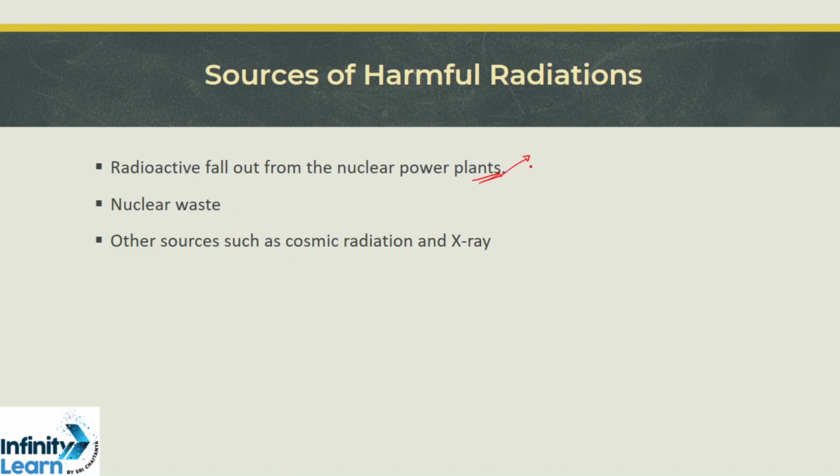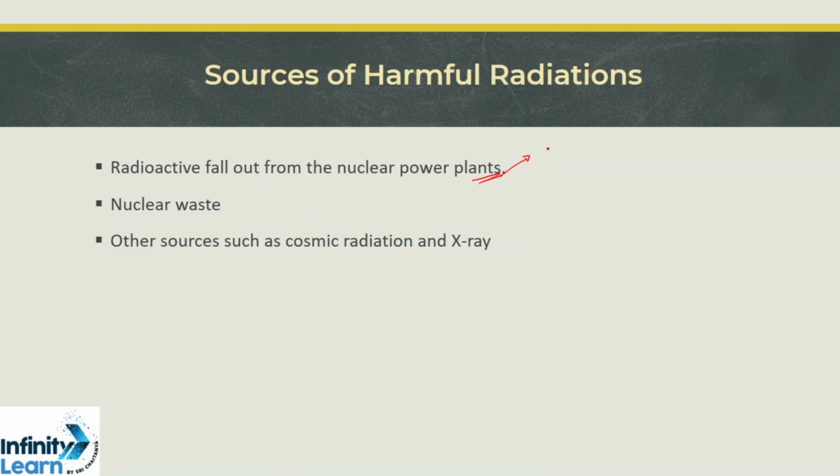Now, as we know, electricity in our world is majorly dependent on nuclear power plants. If there is some accident in these nuclear reactors and a large amount of radioactive material or radiation escapes into the atmosphere, it will affect the population nearby and also at large distances.